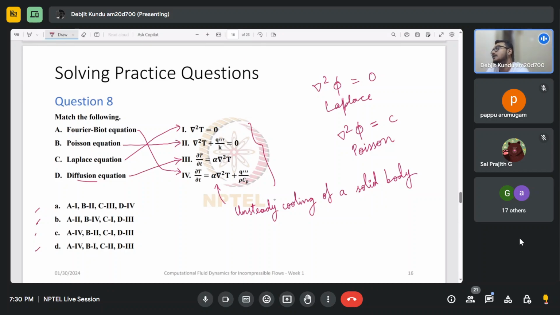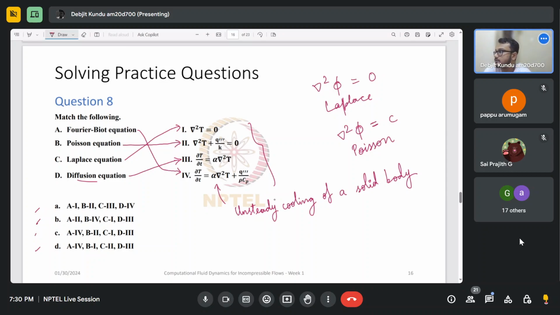Basically, in the absence of any heat source, if you're trying to solve for conduction alone in a solid, then it would be a Laplace equation, that is option 1. In presence of a heat source, it becomes a Poisson equation. And in case we want to study an unsteady version of it, then it becomes the diffusion equation.